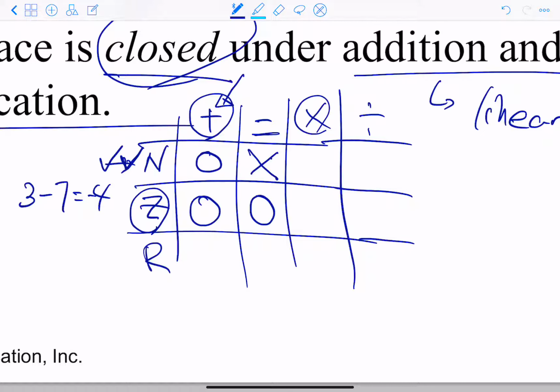What about multiplication? For natural numbers, it is closed. But what about these? It is not. We studied these kinds of things back in middle school or high school.